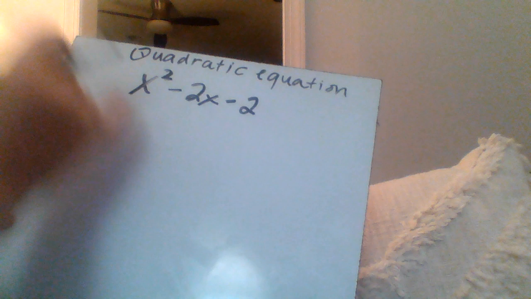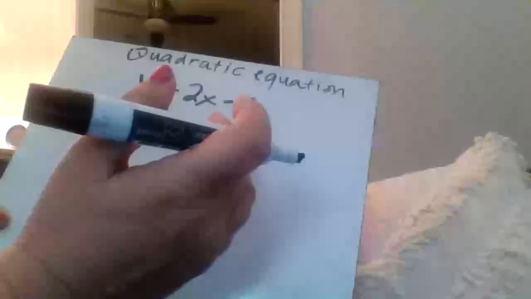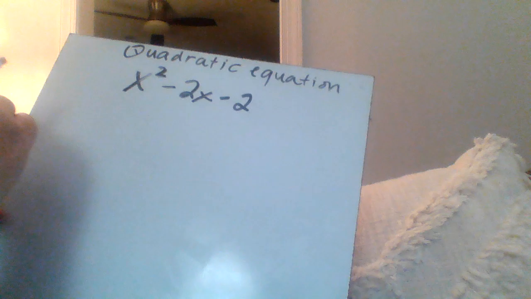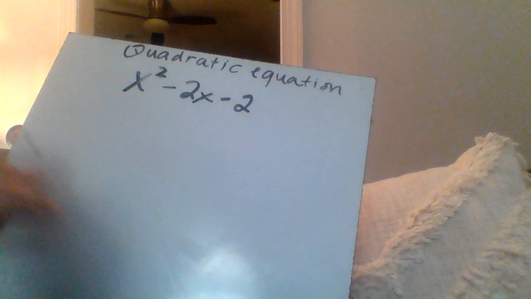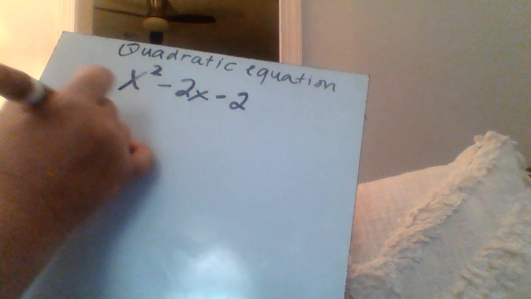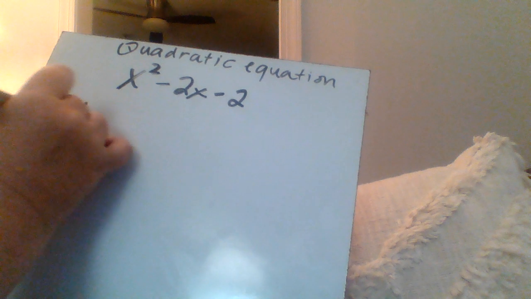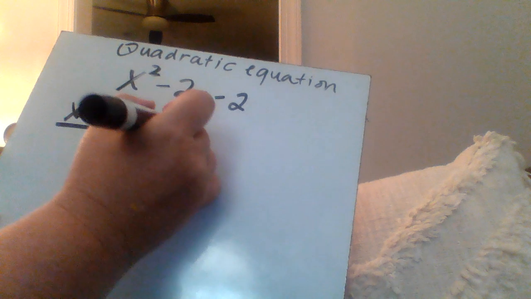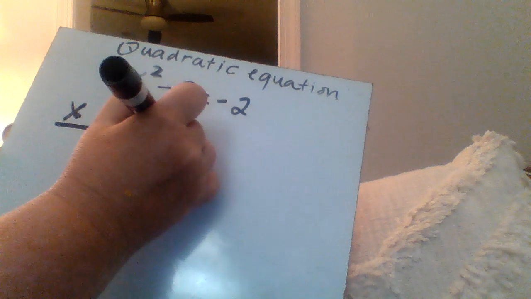Okay? So the way that we can do this is basically find coordinates of selected points, and we can just make a table. Then we're going to plot the points, and then we're going to connect them. So for this one, let's just start out with our table here. This is going to have our equation there.